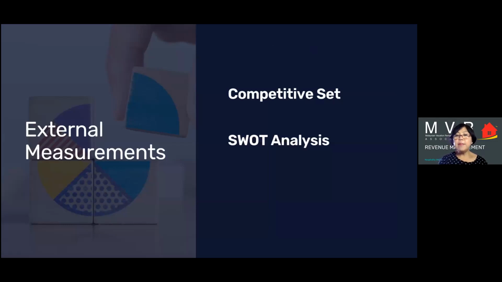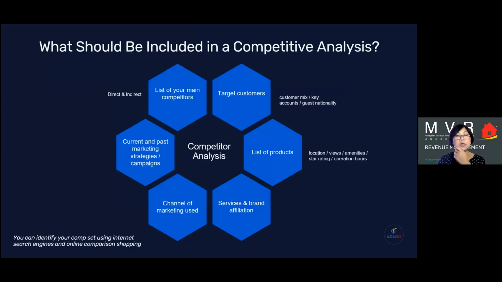Now, external measurements have to do with competitive set and SWOT analysis. So how do you study your competitor set? This is a competitor analysis, okay? So you need to identify your target market.